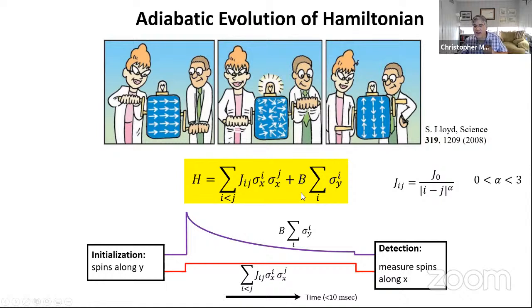We prepared the highest excited state, and then when we adiabatically lowered B over J, we prepared the highest excited state of this antiferromagnetic Hamiltonian. But we're in the highest state, which is ferromagnetic. Remember, the only difference between a ferromagnetic and an antiferromagnetic Hamiltonian is the sign. So we switched the sign by preparing the highest initial state.